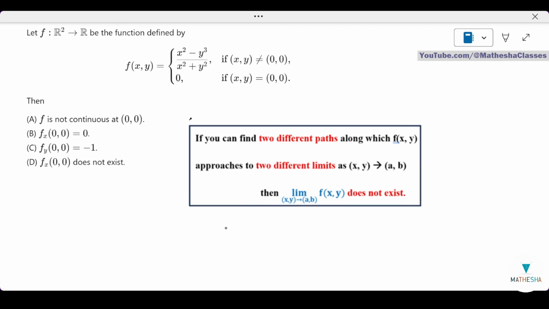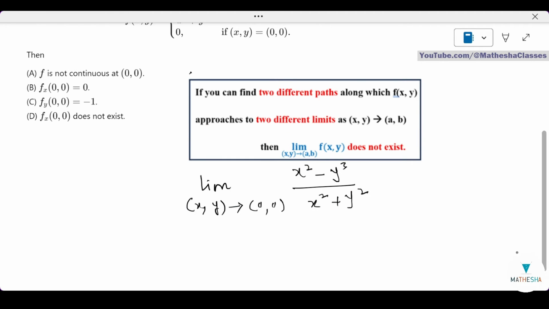तो यहाँ पे हम फर्स्ट पाथ लेंगे, हम यहाँ पे भी लिमिट कैलकुलेट करेंगे इस फंक्शन का 0 0 में, और उसके लिए हम फर्स्ट पाथ लेंगे along y equal to 0.